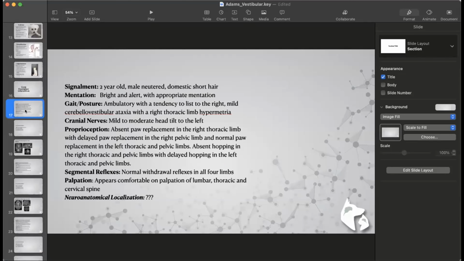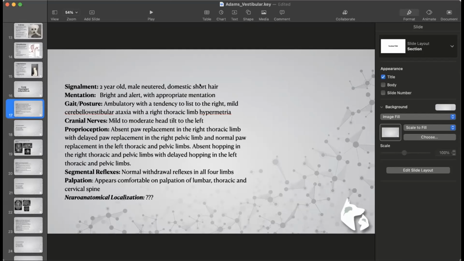We'll go through the neuro exam, and then you can put your answer in the chat, and then we'll go through these somewhat quickly here. So the first one is a 2-year-old male neutered domestic short hair, and if you can't answer, that's fine. Just listen, and you can always go back through this and see what you've got.